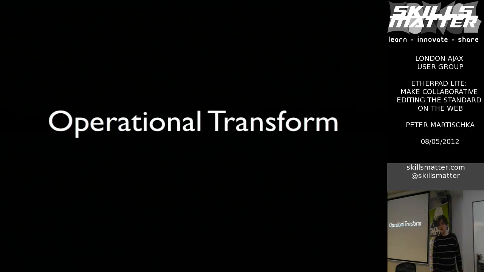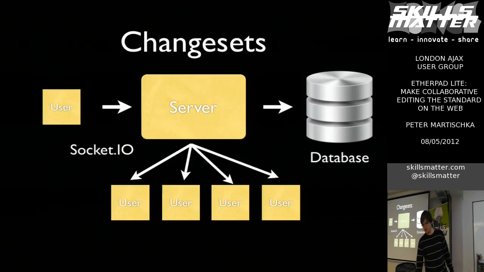Okay, I thought you might be interested in how this real-time synchronization works. How does it happen that if I type here, this appears on the other side too? The main component is change sets. Change sets basically describe what you have changed in the text.